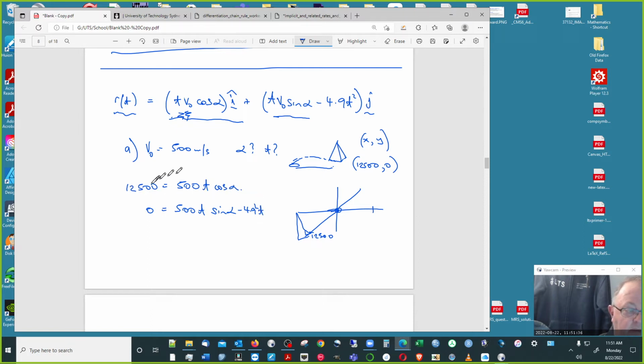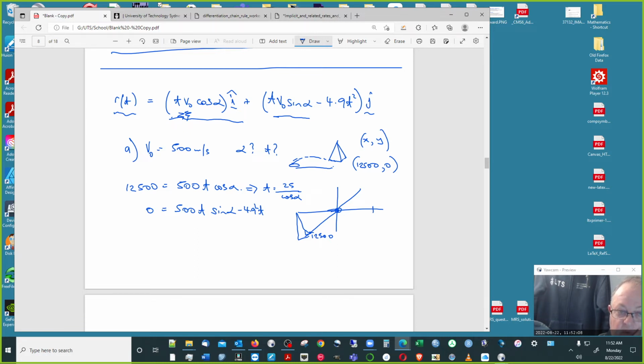This can be rearranged for t easily: t will be 12,500 over 500, which is 25. Okay, so we've got a couple of equations there to help us.